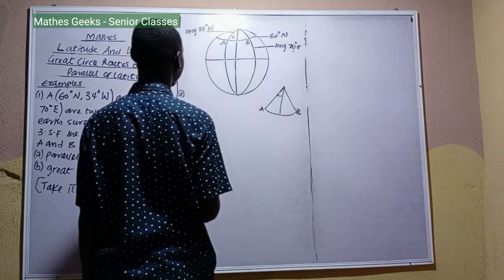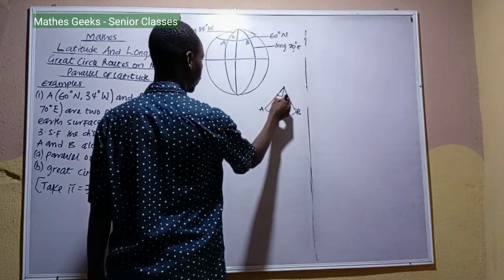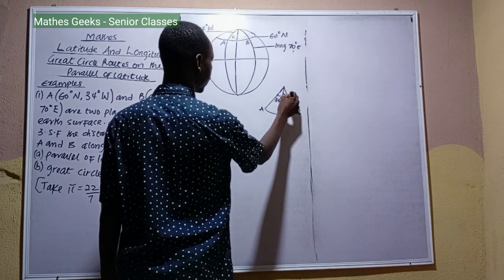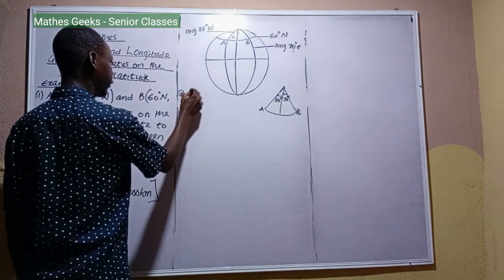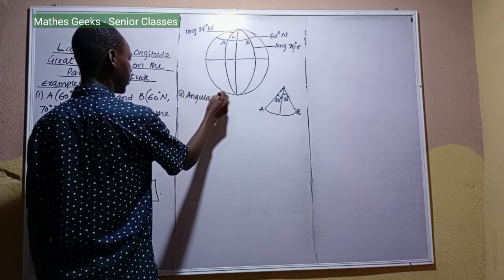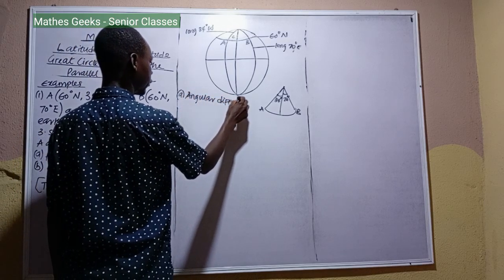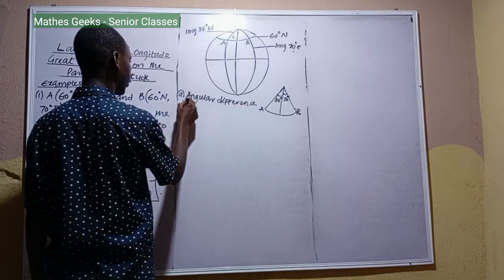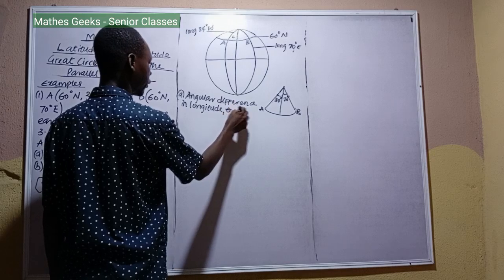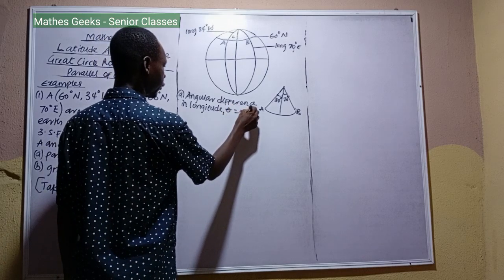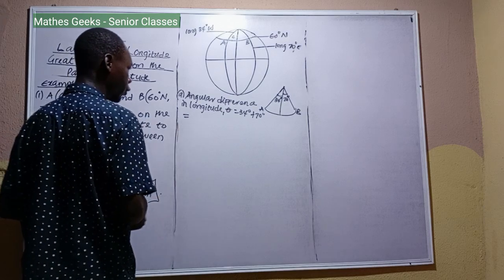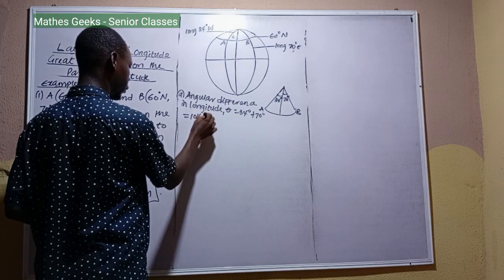A is longitude 34 degrees west, B is 70 degrees east. So the angular difference in longitude is equal to 34 degrees plus 70 degrees, which is equal to 104 degrees.